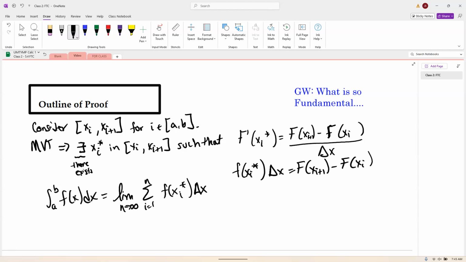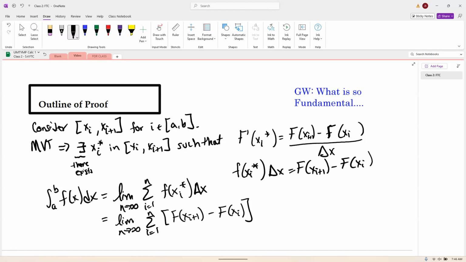Actually, it's f of xi, but we can put an f of xi star, that's fine. Then this is equal to the limit as n goes to infinity of the sum from i equals 1 to n, and we know from the MVT work that we just did that this would be F of xi plus 1 minus F of xi.